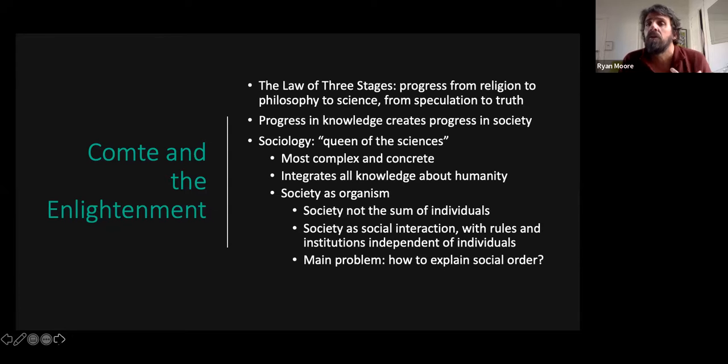This will also be Emile Durkheim's method when we get to Durkheim, to examine society as a kind of organism, as a thing in itself, rather than the sum total of the individuals who comprise it.